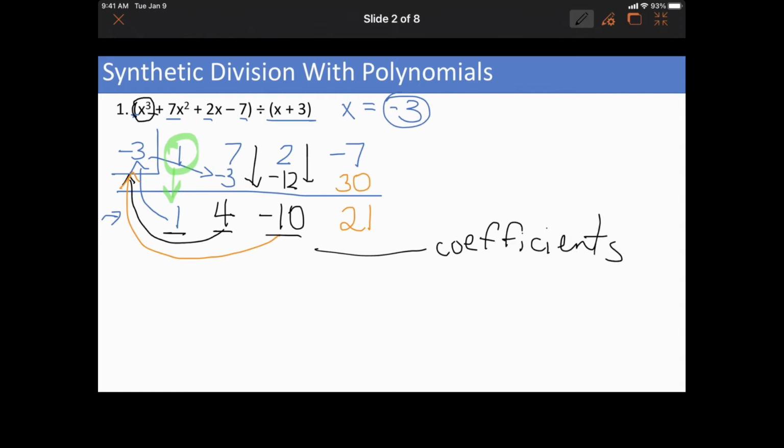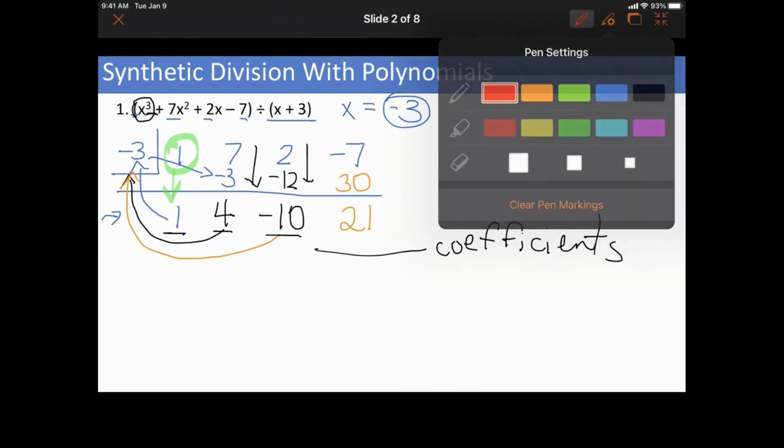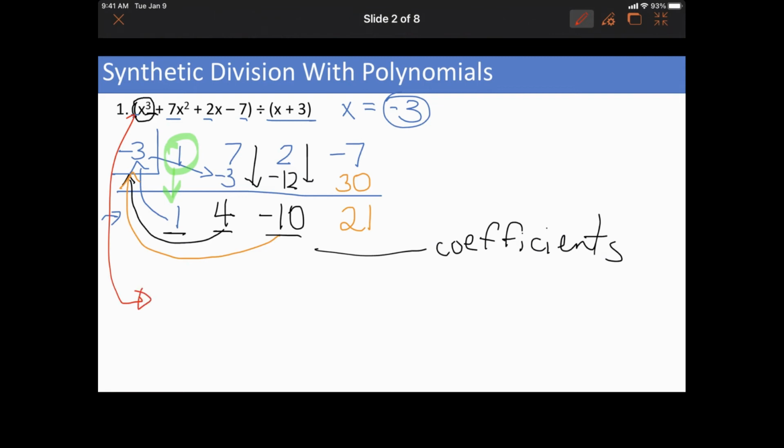If it starts at x cubed, when you come down into your answer, you're going to start with x squared. And this coefficient is 1. The next one's going to be x, and here's my coefficient 4, and then -10. And then you're like, well, what about this? This is the remainder.